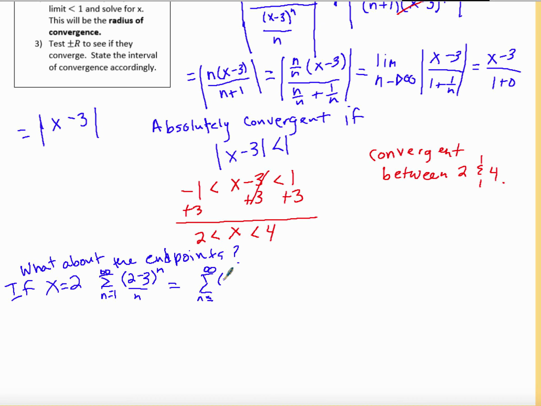That's going to give me (-1)^n all divided by n. Now that's an alternating series. And we know that this alternating series is conditionally convergent because we have solved this problem numerous times before. It converges when it is alternating, but if we take the absolute value, then we just get a harmonic series, and that would diverge. So it is only conditionally convergent.